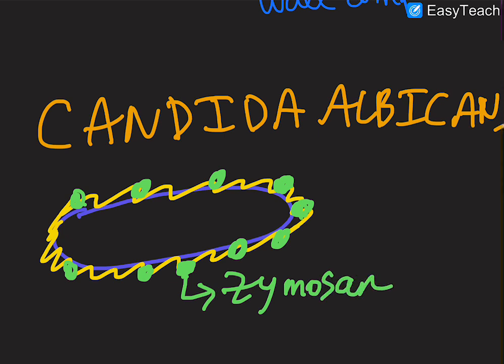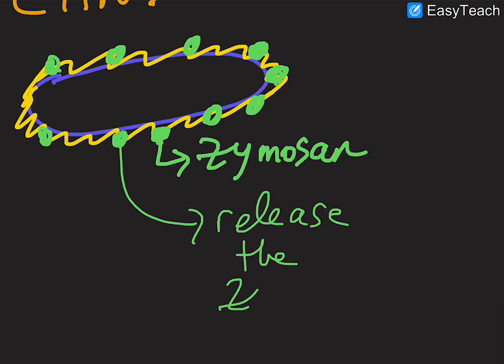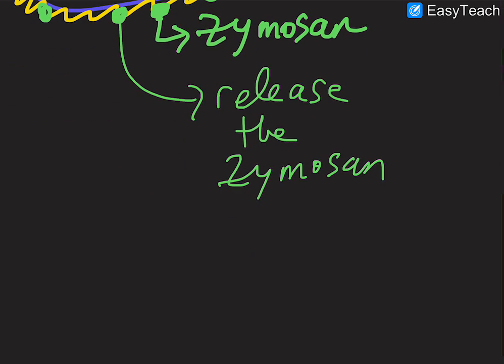So what happens is once Candida enters, let's say your oral mucosa, we're going to have white blood cells. Let's say it encounters a macrophage. What the fungus can do, especially in this case, is release the zymosin. Now, when that happens, remember we said toll-like receptors 2 and 6 recognize the zymosin.